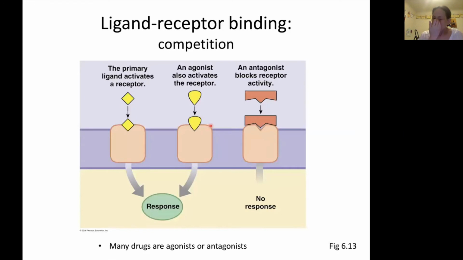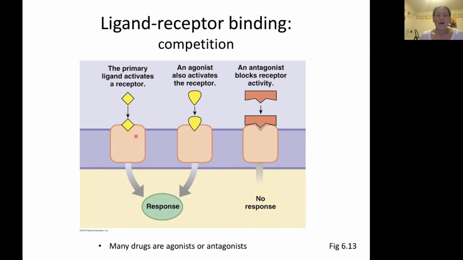Okay, here is another concept that I want to remind you of, this concept of competition, right? So a ligand, such as a hormone, is going to bind to its receptor. And if you remember from your previous classes, it's the shape of the hormone and the shape of the receptor, right? They're complementary to each other, and that's what allows them to bind to each other, okay?